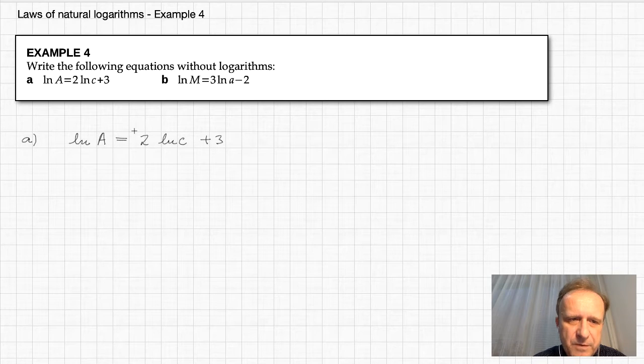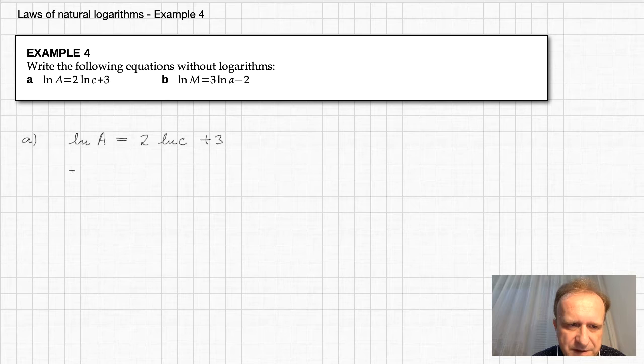Now if we want to get rid of logarithms, we have to use the strategy of replacing both sides of this equation by a single logarithm and then comparing those logarithms to come up with the answer.